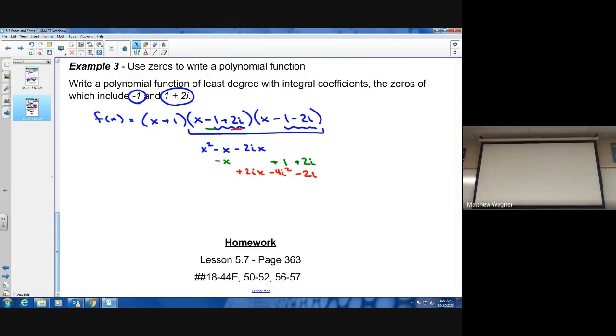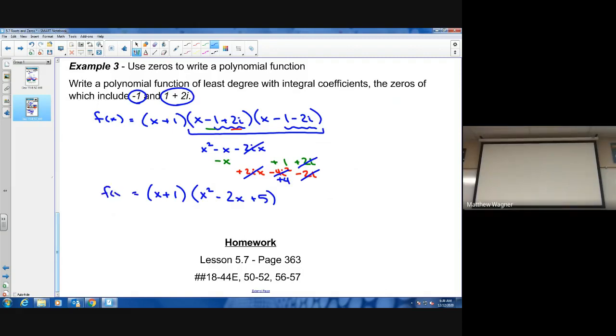And some of you might be like, well, why did he just write it like that? Well, our negative x's go together. The 2ix's drop. The 2i's drop. Remember, negative 4i squared is going to be positive 4. So then we end up with plus 5. Notice how nicely that worked out when our complex answers come in pairs. When we put them in factor form and multiply everything out, the i's are going to drop out of the problem, which makes sense.